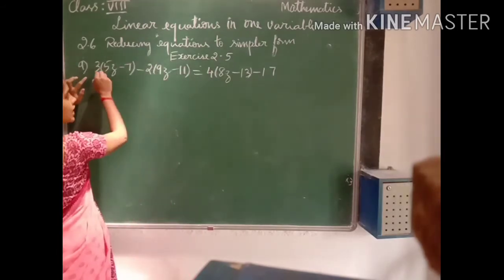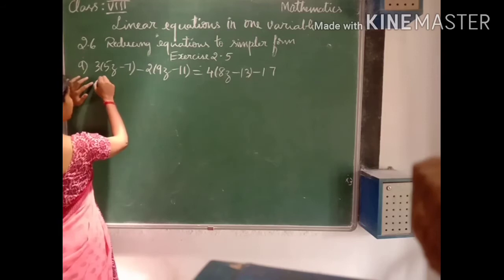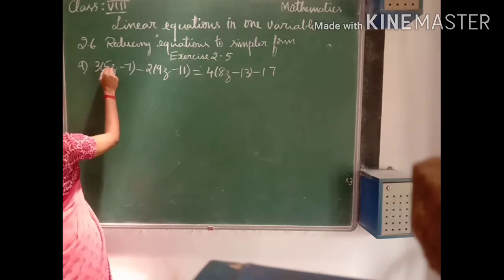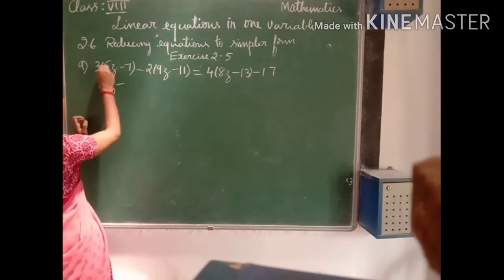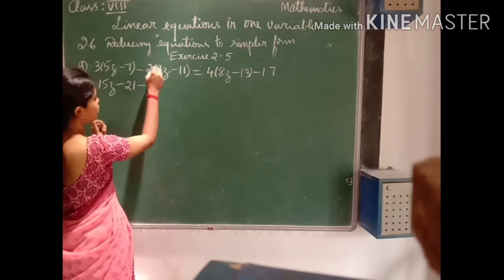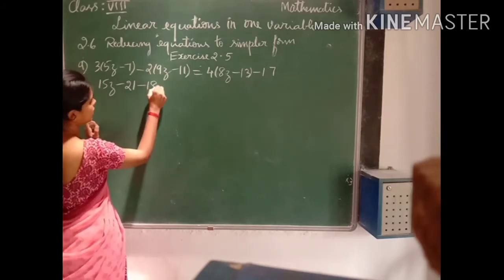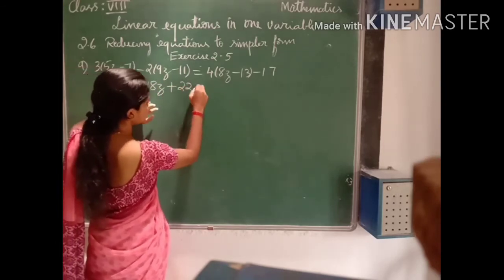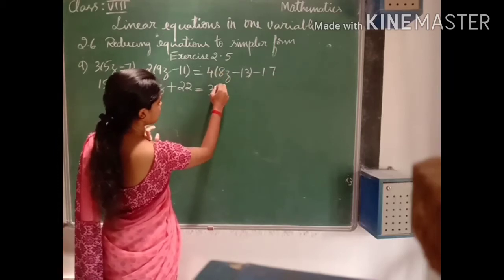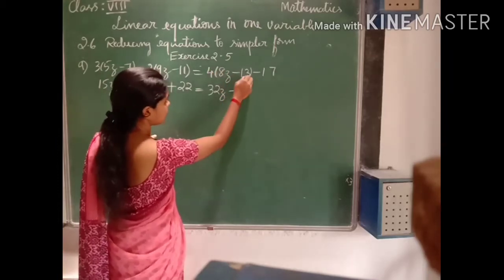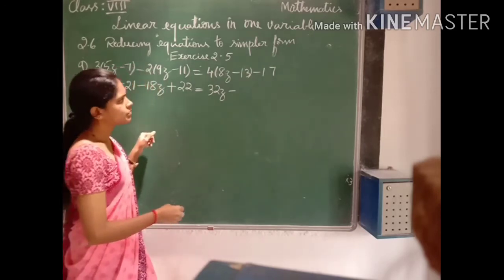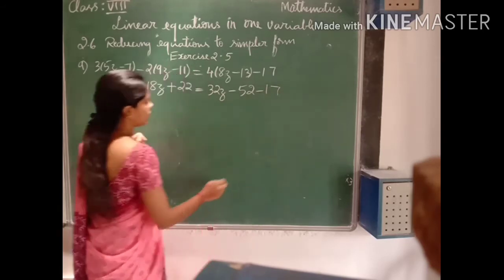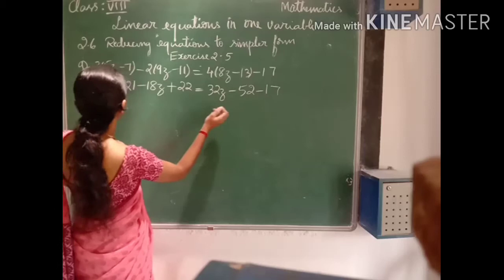So multiply the constant terms to the bracket now. 3 5s are 15z minus 3 7s are 21, minus 2 9s are 18z, minus minus plus, 2 11s are 22, is equal to 8 4s are 32z minus 4 13s are how much? 52. Then minus 17.